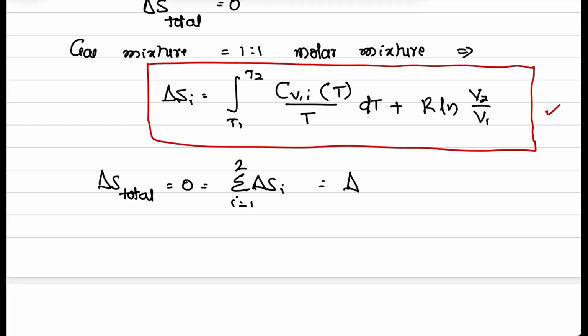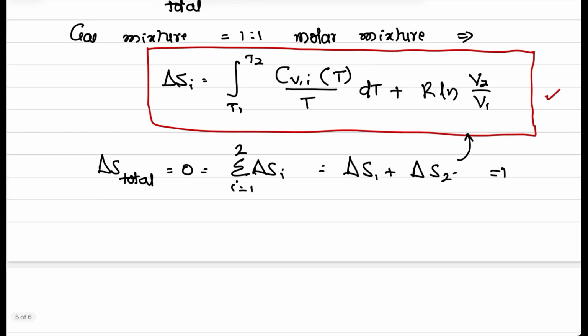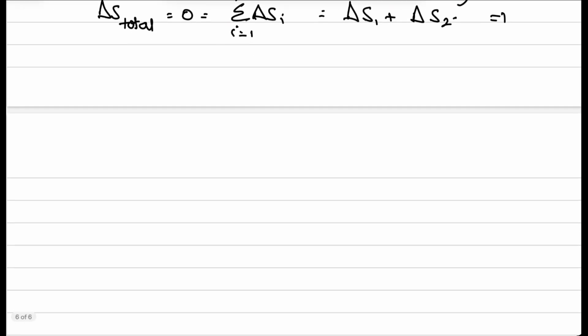That is delta S1 plus delta S2. If you substitute these values in the above equation, delta S1 plus delta S2 is equal to 0, because the total process is isentropic.